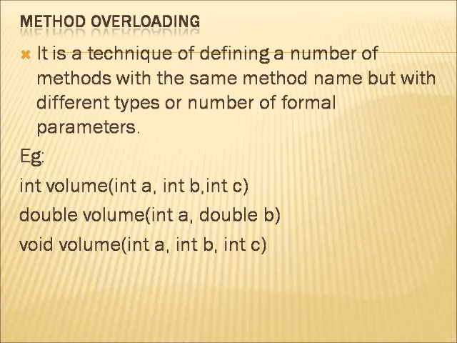So this concept is called method overloading. I know in 10th class you have learned a lot about method overloading, and you have done some programs based on it. So this concept is more familiar to you, right?